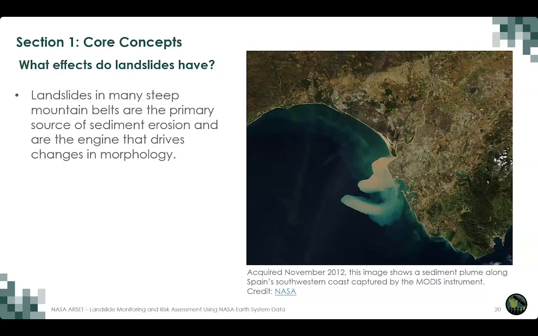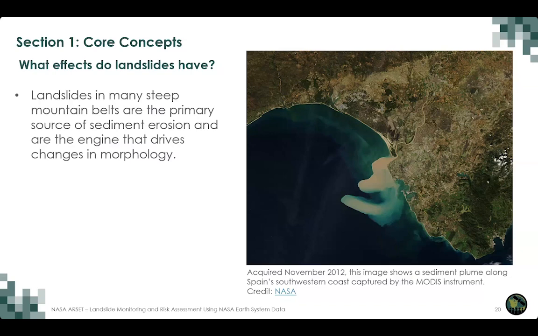In very steep mountain belts, it's been shown that the dominant process through which sediment and erosional material is both eroded and transported is through landsliding. In other words, in these very steep settings, landslides are the most important process through which mountain belts are shaped and changed.